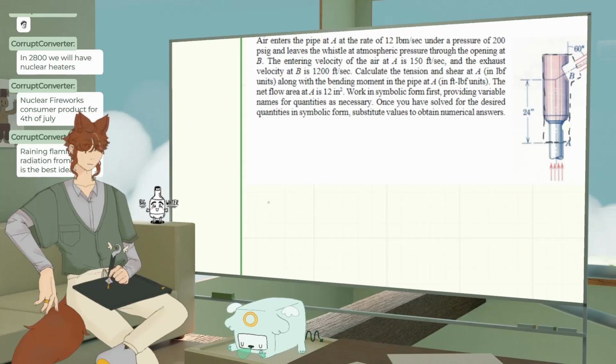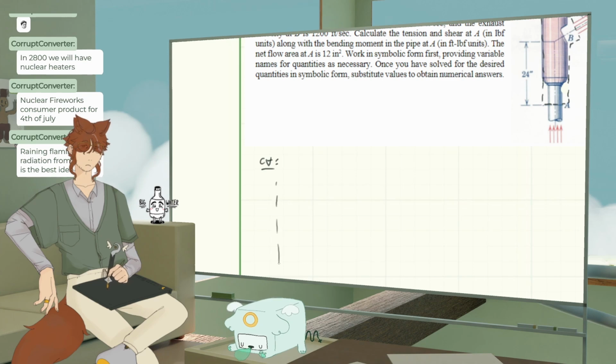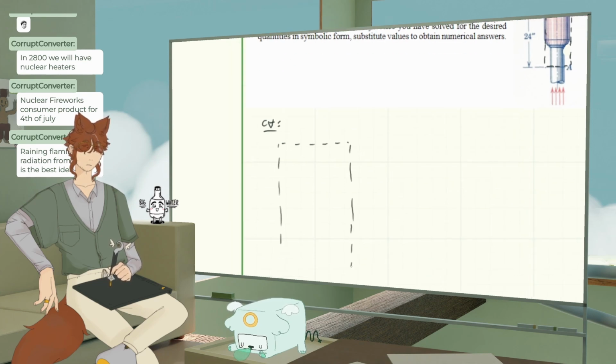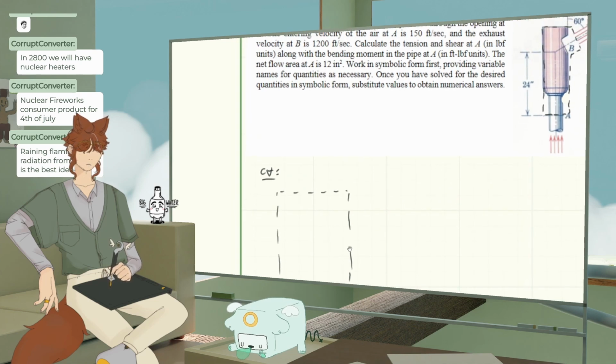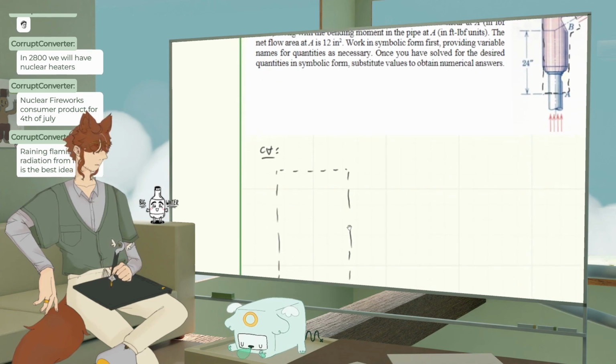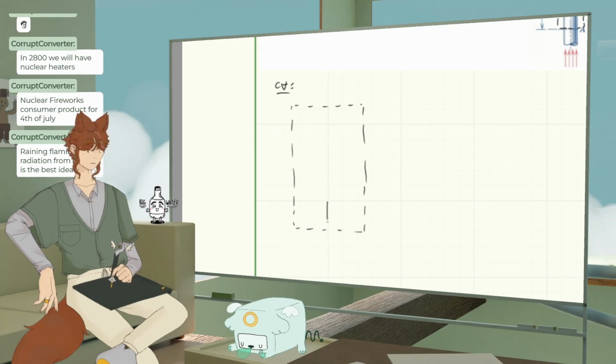Okay, so we have our CV in this case. So we have a coordinate system. Doesn't really matter, but I'd rather do X and Y, I think.